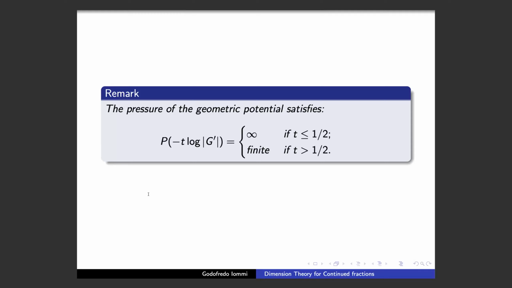In the case of this new example, the alpha continued fraction normal numbers, so numbers for which the frequency of appearance of digits is 1/3 of what you expect, or 1/4 of what you expect, or whatever, it's again ruled by the Hausdorff dimension of the system at infinity. How much Hausdorff dimension leaks out of the system.